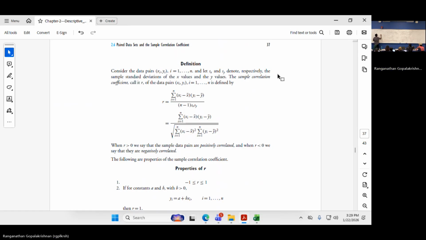R is equal to the summation from i equals 1 to n of (xi minus x bar) times (yi minus y bar), divided by the square root of the summation from i equals 1 to n of (xi minus x bar) squared times the summation of (yi minus y bar) squared, the whole thing under the square root.